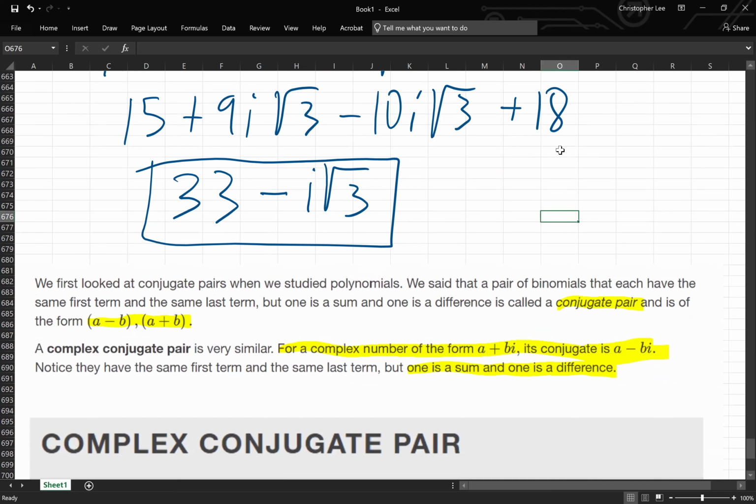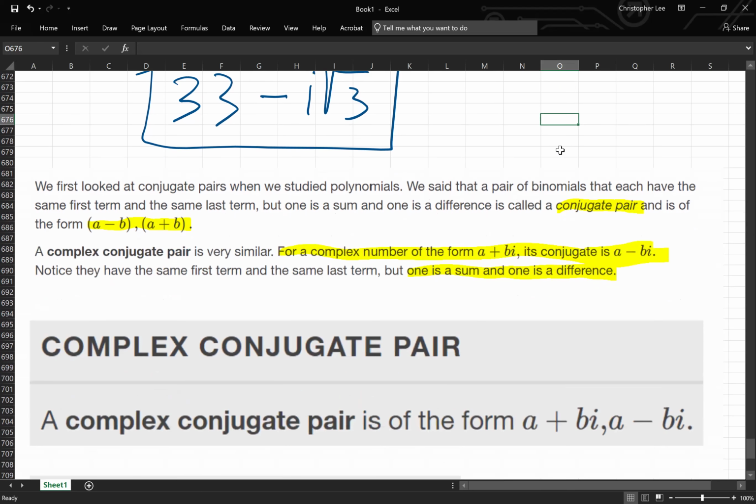A complex conjugate pair is very similar. So for a complex number of the form a plus bi, its conjugate is a minus bi. Notice that they have the same first term and the same last term, but one is a sum and one is a difference. All right? Just to recap, a complex conjugate pair is of the form a plus bi, and its pair is a minus bi. All right.